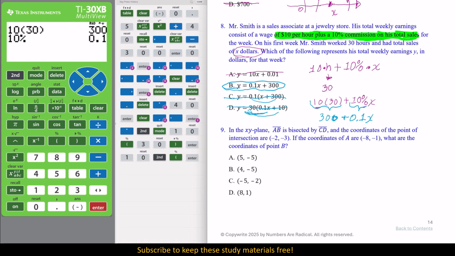In the XY plane, segment AB is bisected by CD, and the coordinates of the points for the intersection are -2, -3. If the coordinates of A are -8, -1, what are the coordinates of point B?